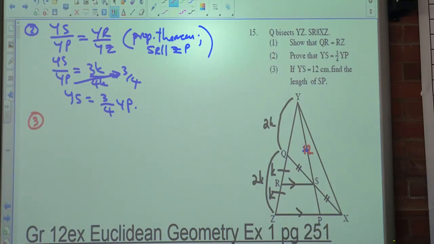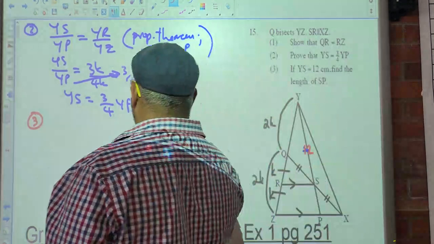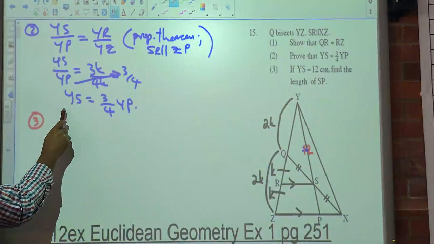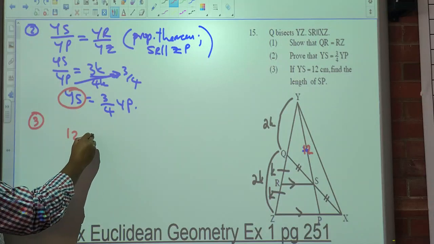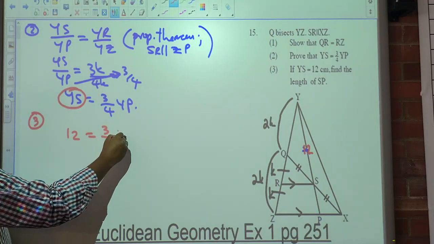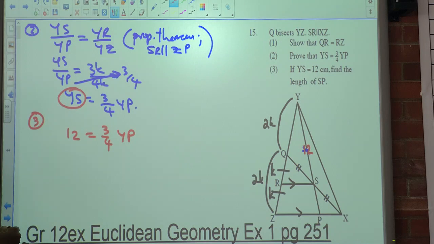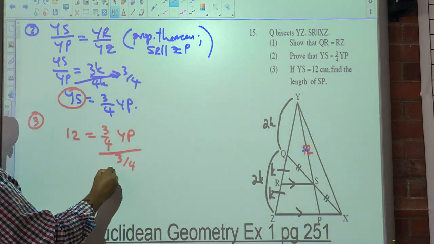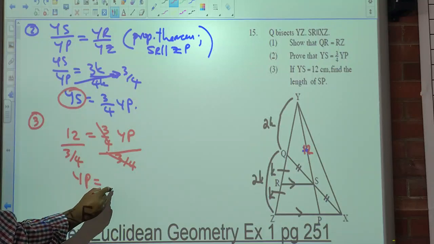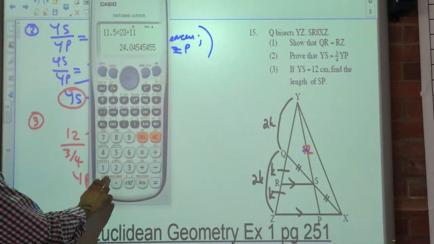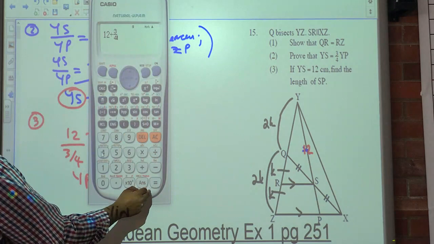Okay, so Y is 12. So from here, I say 12 is equal to 3 over 4 YP. So I divide both sides by 3 over 4. That's gone. So YP is going to be 12 divided by 3 over 4.